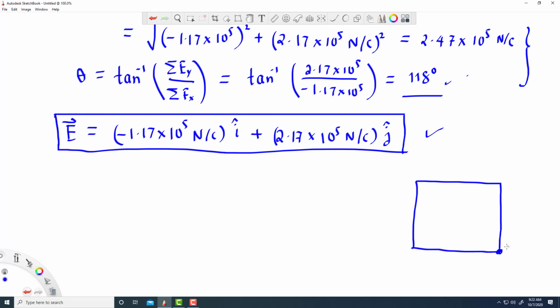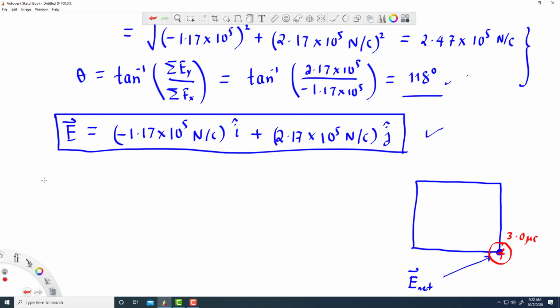We know the net electric field at this point. Okay. So we know that there is some electric field at that point, and if we bring a charge and place the charge at that point, the charge will feel some force. So if I place a charge here, which is a positive charge that has the value of 3 microcoulomb, this will feel some force. So what's that force?